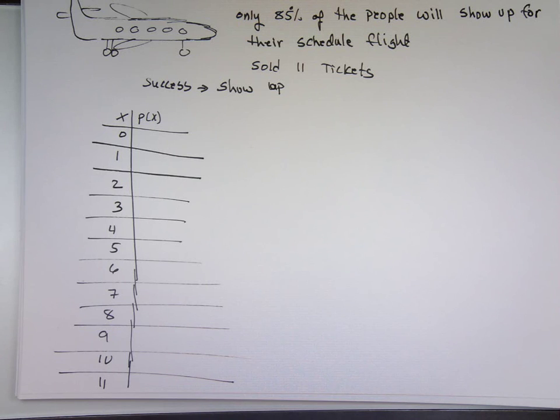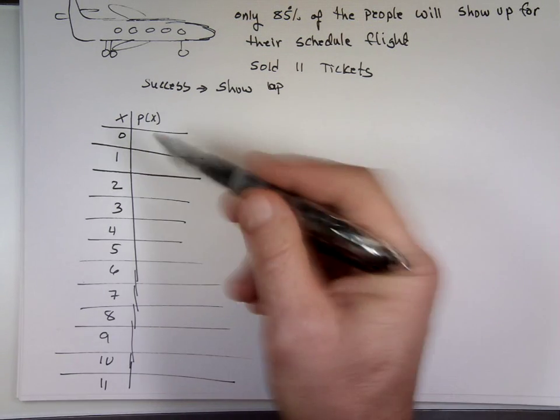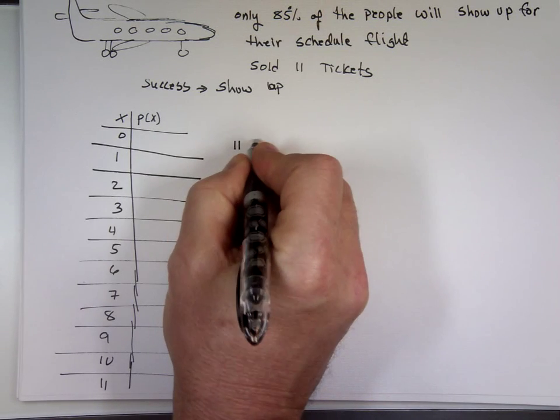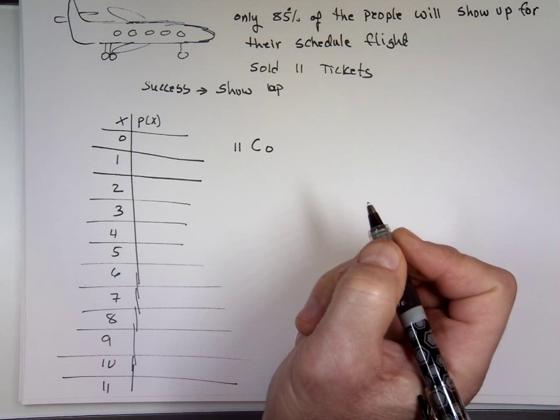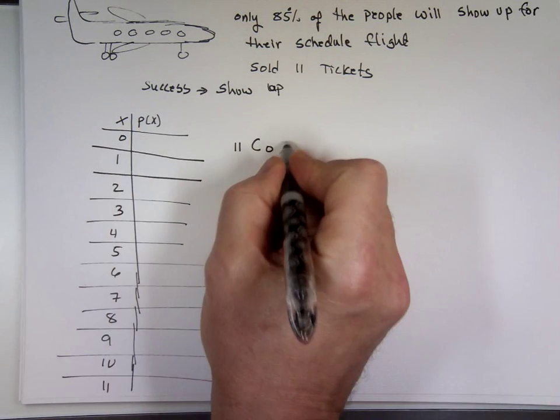But the way you find the probability for that, what's n equal to? How many tickets do we sell here? 11. So it's 11 C 0 times p, where success is showing up for your ticket. Success here is 0.85.